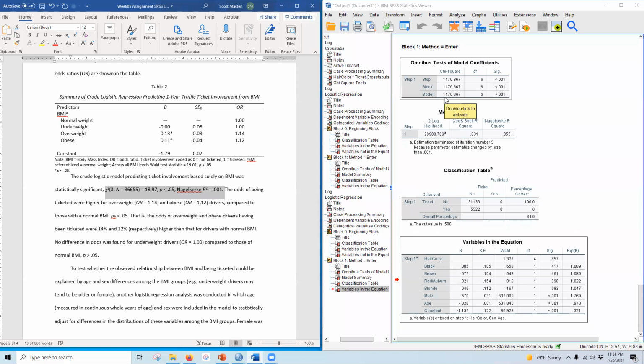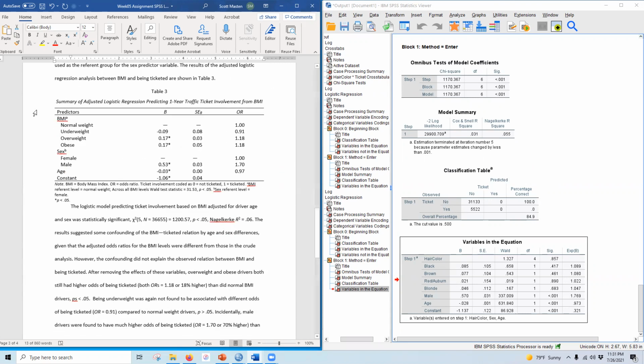You should have said a chi-square with, it's not 3, it's 6 degrees of freedom. N is still 36655. That's the total sample size. And your chi-square is 1170.37. Your p was less than 0.05. Your Nagelkerke is right here. It's 0.06.